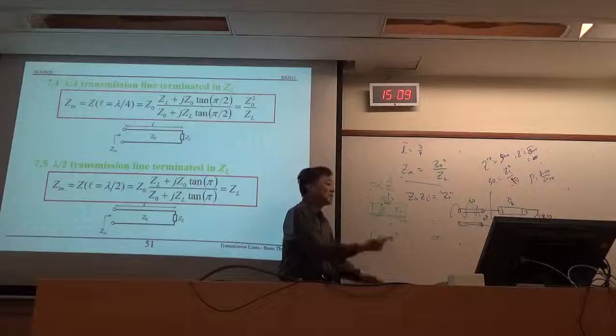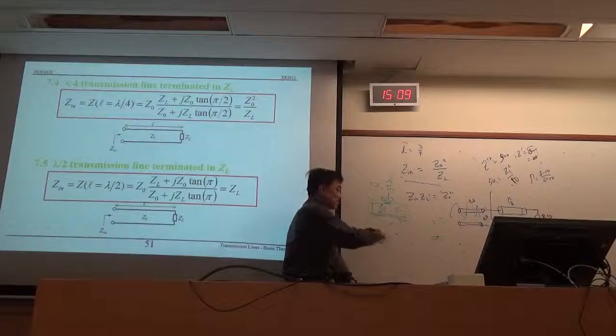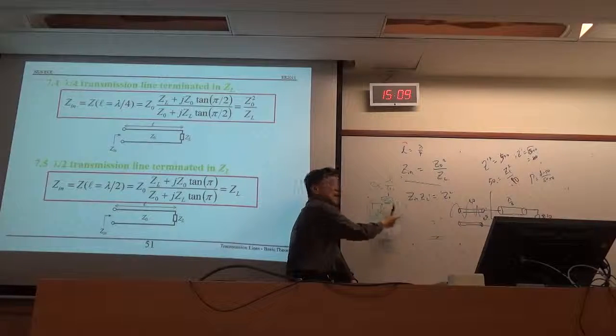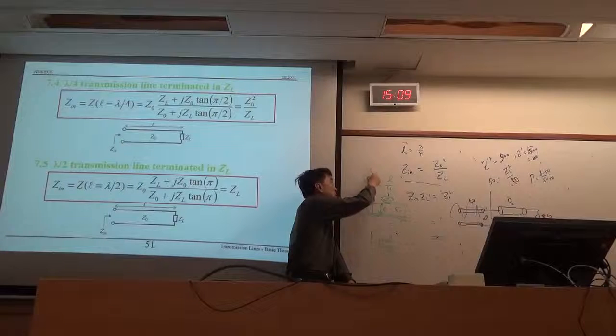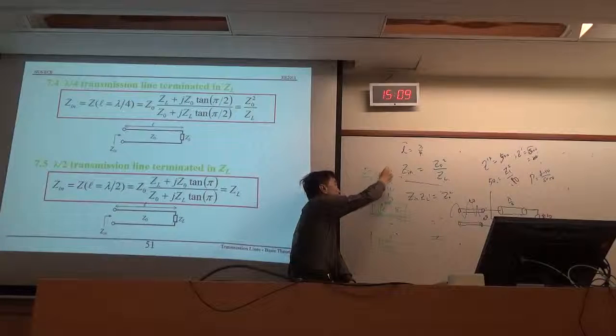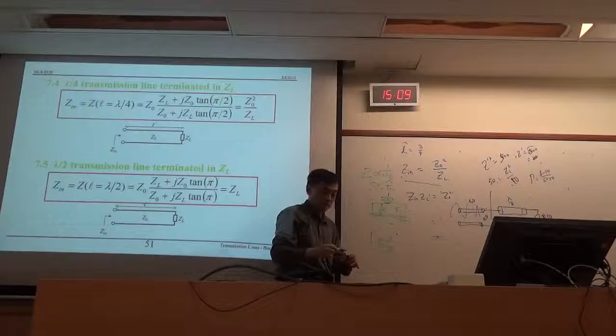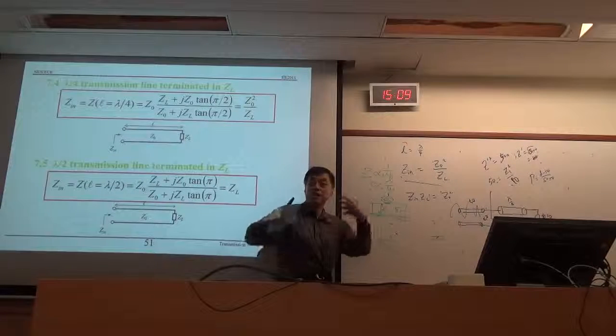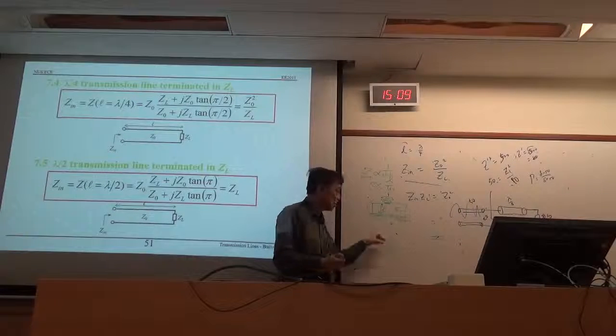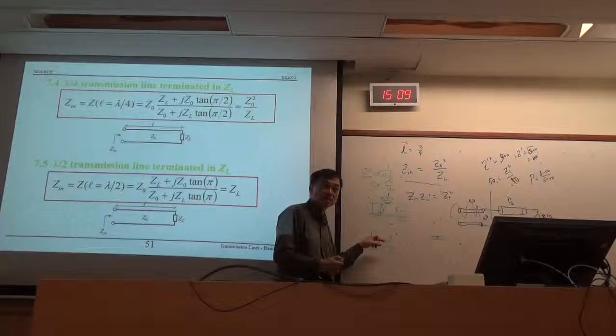But if you use a certain substrate, h is fixed and epsilon r is fixed. That means the characteristic impedance is inversely proportional to W. So you can design by controlling the width.